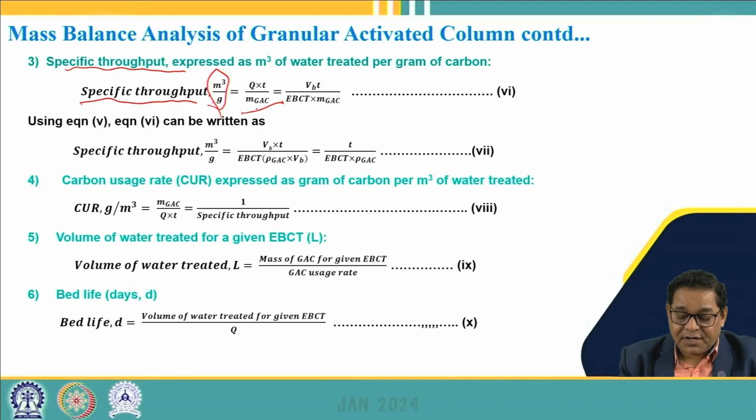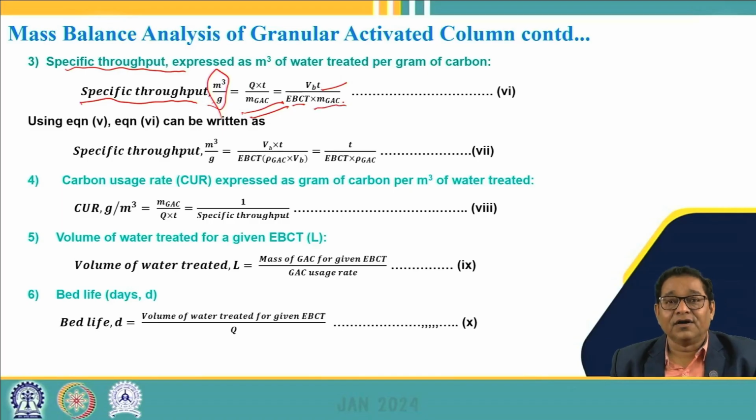can be determined by this equation: it is equal to Q into T divided by the mass of granular activated carbon, that is mGAC, where Q and T are defined as earlier. And here, if we put Q again in terms of the volume of the bed, it will be the volume of the bed divided by EBCT, that will give you the value of Q, then multiplied by T and divided by the mass of granular activated carbon, mGAC.